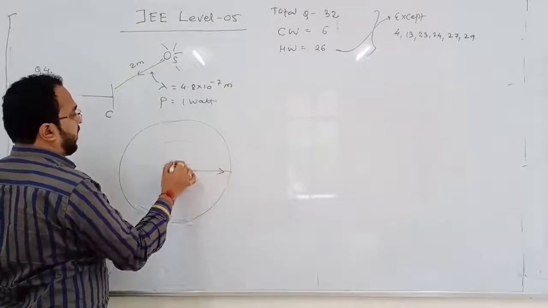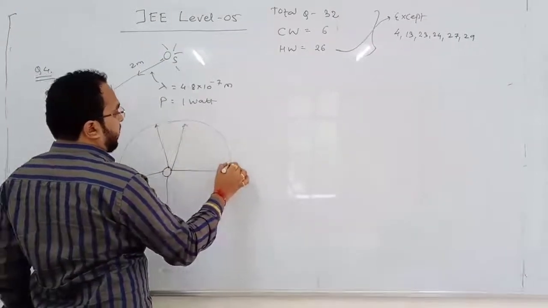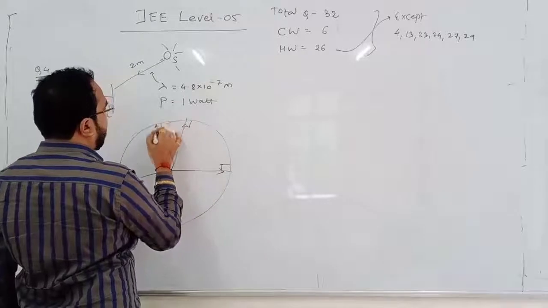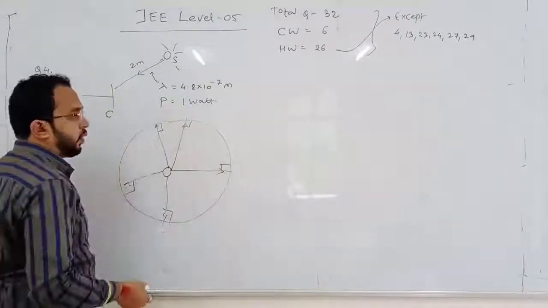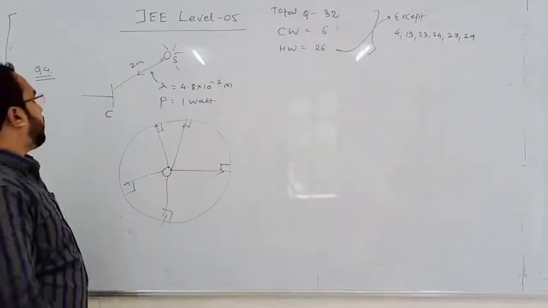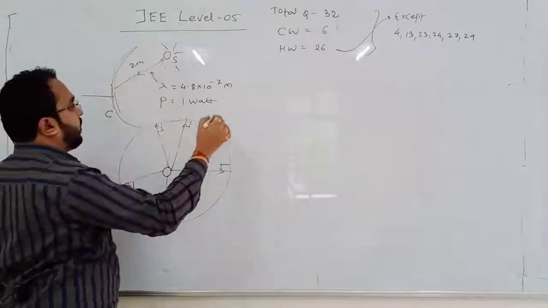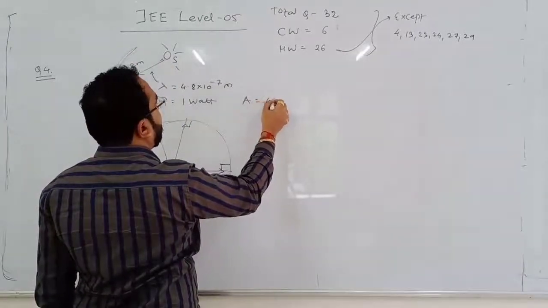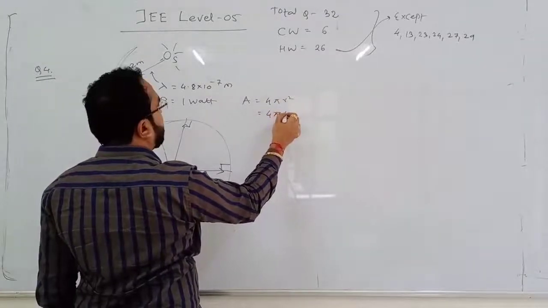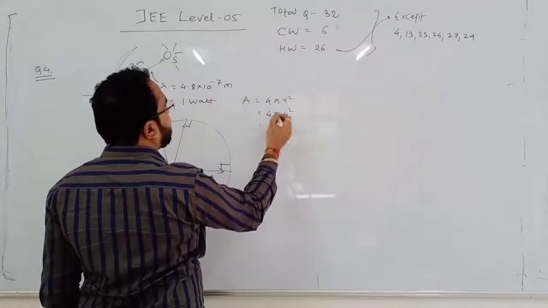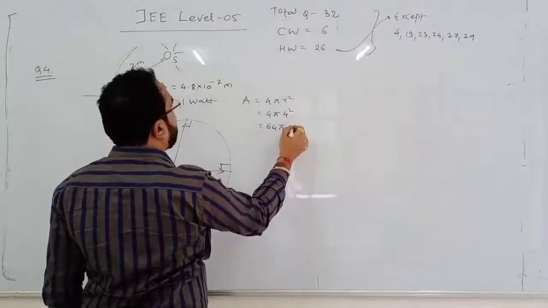Why? It is said that the rays are falling normally, and this is possible only when it is circular. So first of all, what will be the area of this circular emitter plate? The area will be 4 pi r square, where r is 2. So 4 pi into 4, that is 16 pi meter square.